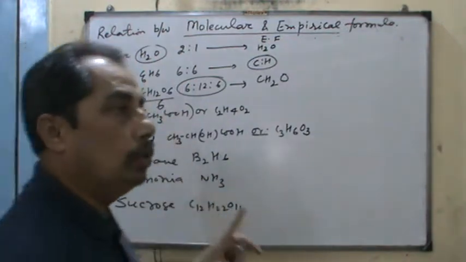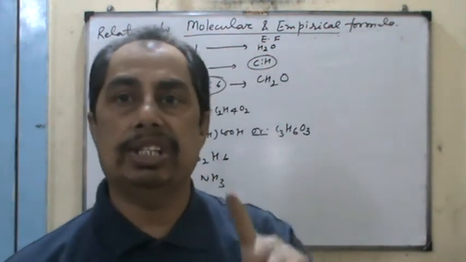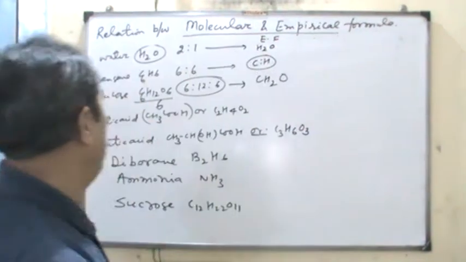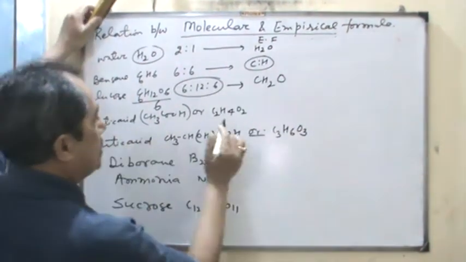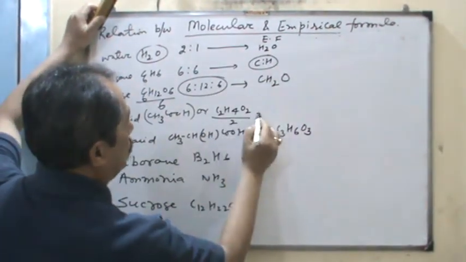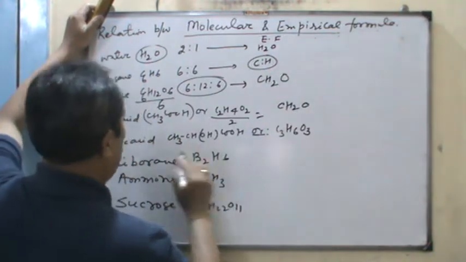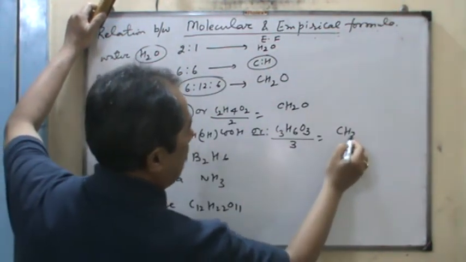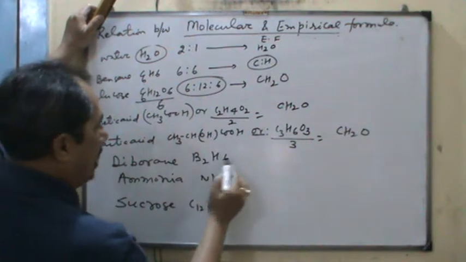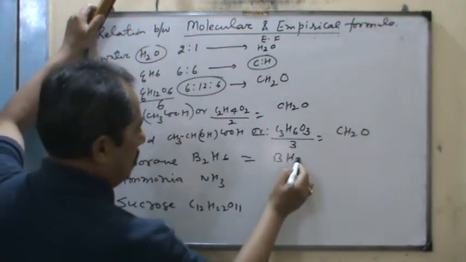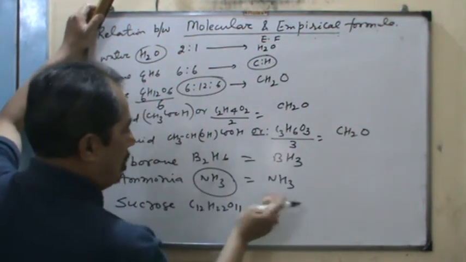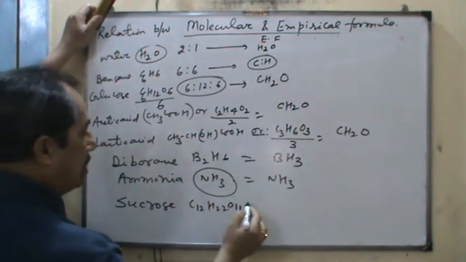So glucose has molecular formula C6H12O6, but its empirical formula is CH2O. Just like acetic acid, if I divide it by 2, then again it is CH2O. If it is the lactic acid, I divide it by 3, then it is again CH2O. Diborane, what is the empirical formula? BH3. But so far as ammonia is concerned, same formula as the molecular and empirical formula.